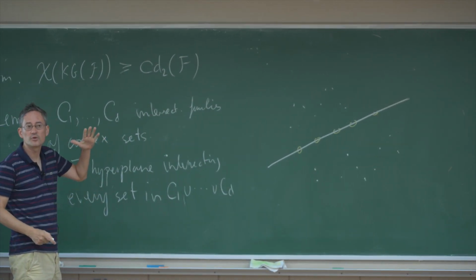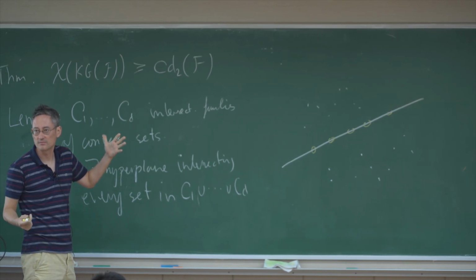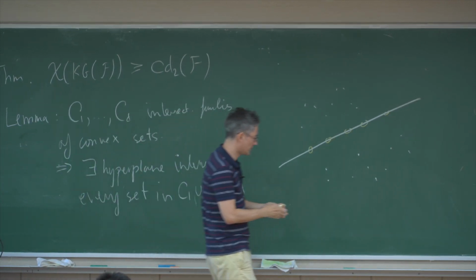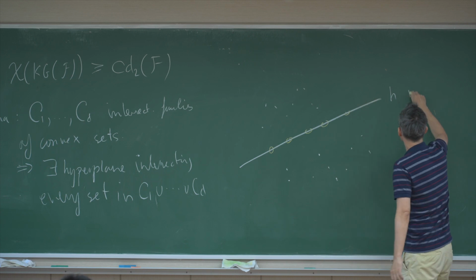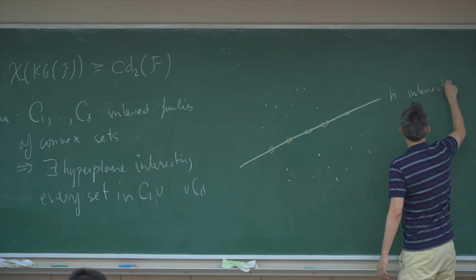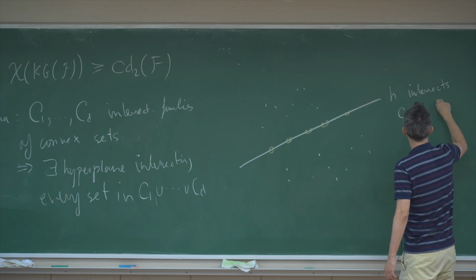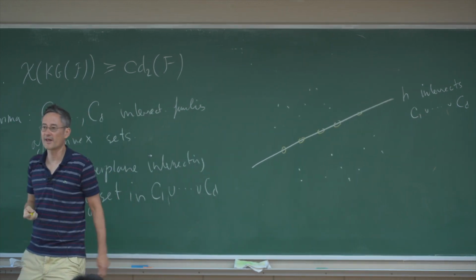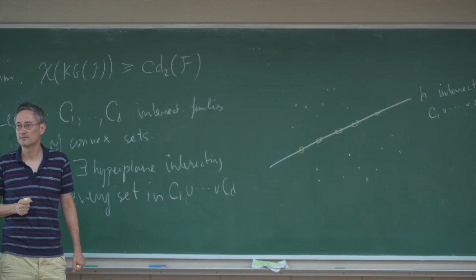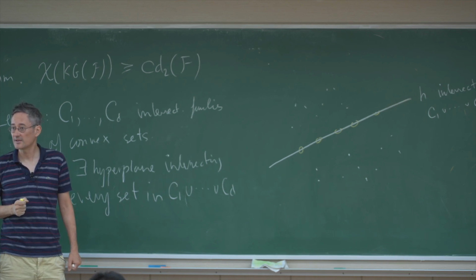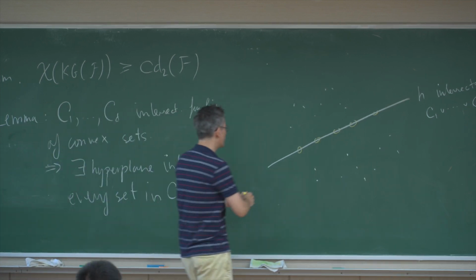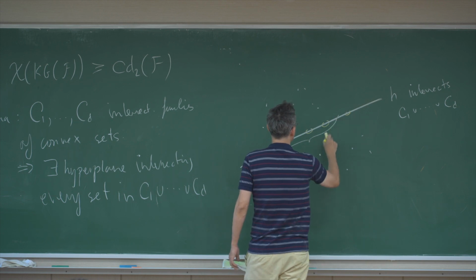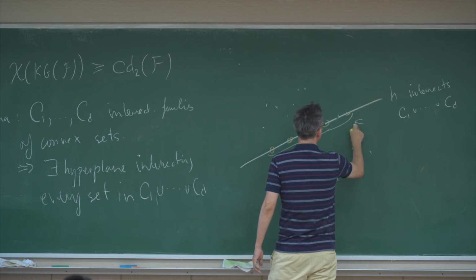That hyperplane could pass through some vertices, I don't know. But I do know a bound on how many points are on that hyperplane: at most d, right? So the number of points here is at most d.